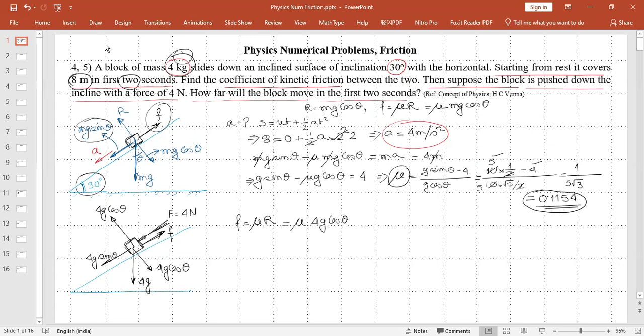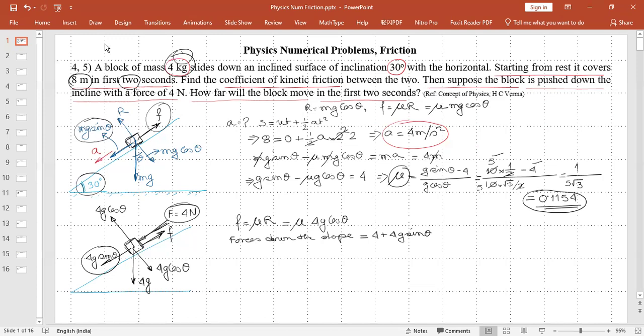What are the forces down the slope which create acceleration? We consider the forces down the slope. One force is 4g sin theta, another force is this 4 Newton applied force. So 4 plus 4g sin theta.